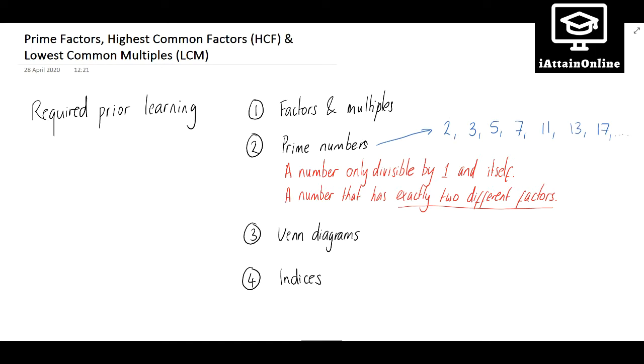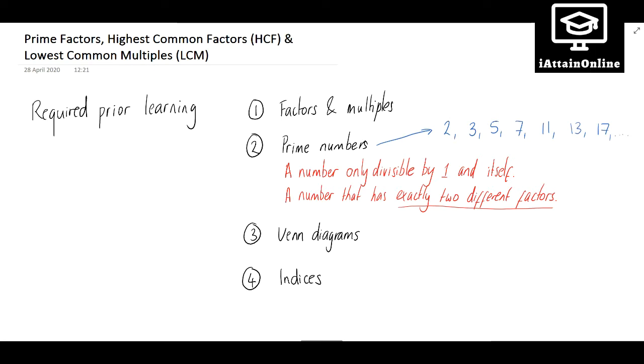Quite often in school you're taught that a prime number is a number that's only divisible by 1 and itself. However, I don't particularly like that definition because 1 is not a prime number and 1 is divisible by 1 and itself. So that definition doesn't really work for all prime numbers. So a better definition is a prime number is a number that has exactly 2 different factors.